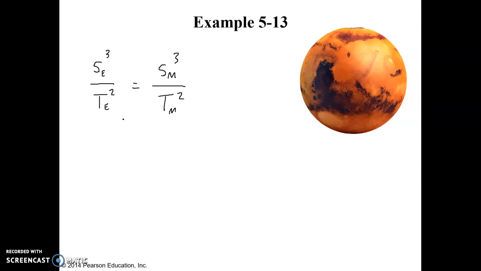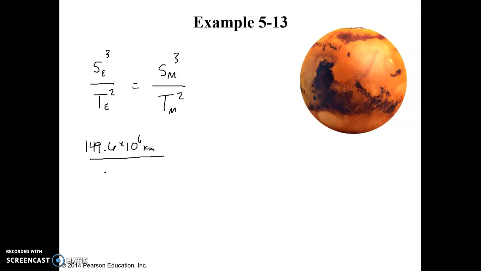And so the mean distance for Earth, the distance from Earth to the sun, is 149.6 times 10 to the 6th kilometers.